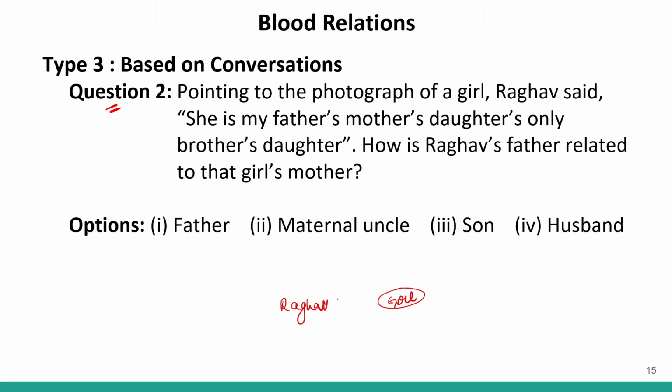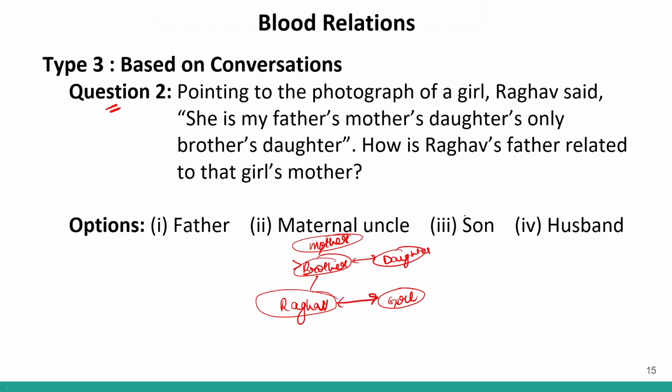The girl is Raghav's father's mother, so Raghav's grandmother's daughters, so siblings. Only brother will be Raghav's father, and she is the daughter of this brother. So that means Raghav and the girl will be siblings.